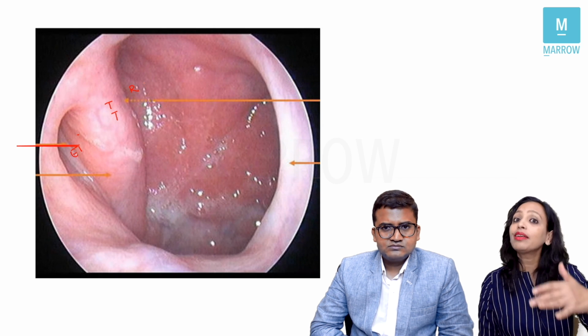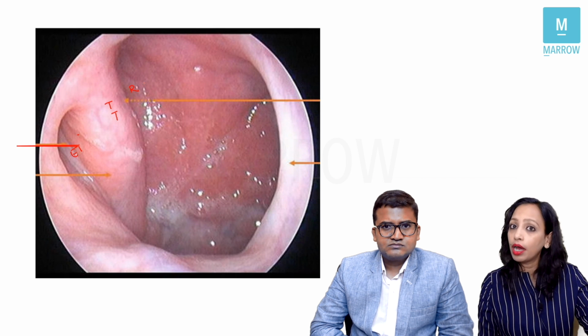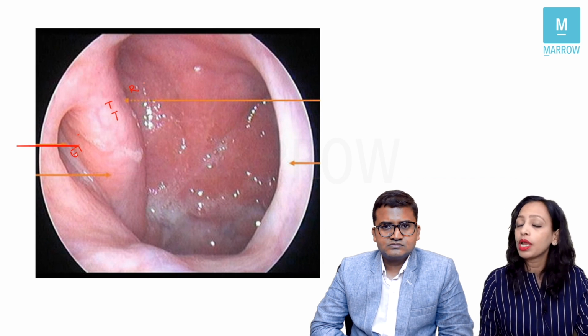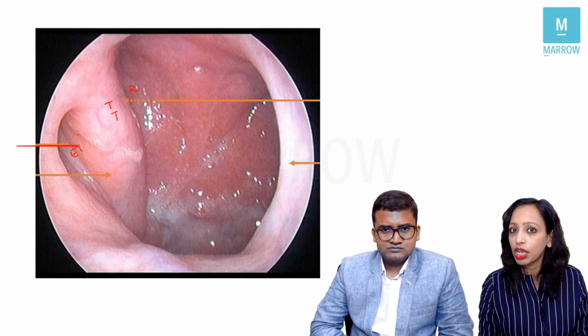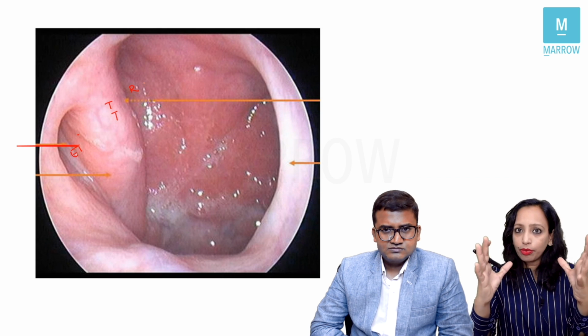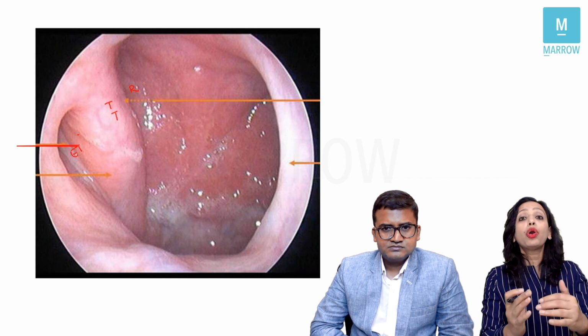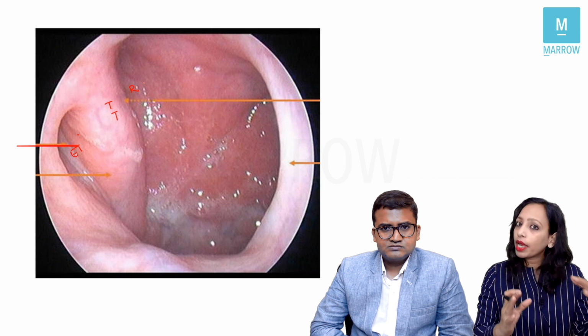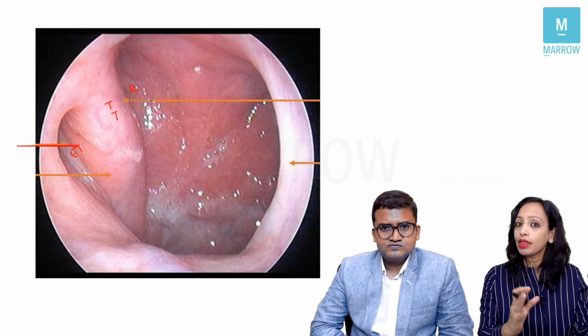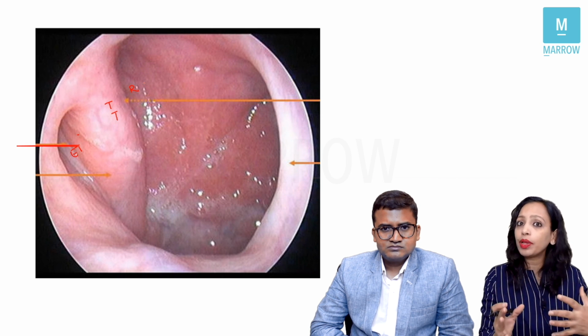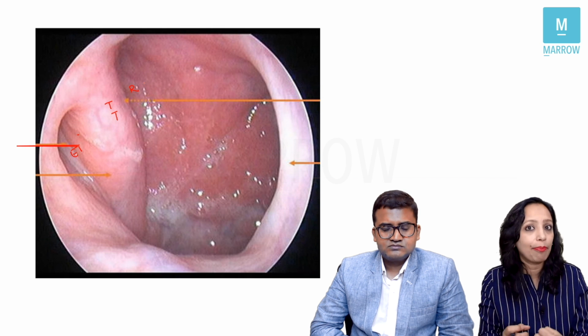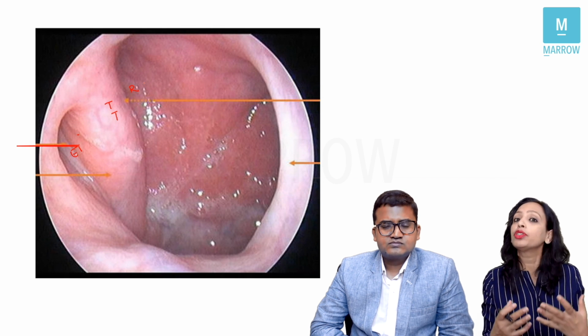Yes, they are present laterally, lateral to the nasopharynx. When the tumor goes out, it goes into the parapharyngeal space. So, when you have this anatomy in your mind, you know where all the tumor can go and what symptoms the patient can present with. And when the patient has come with these complaints, you have to think of nasopharyngeal carcinoma.